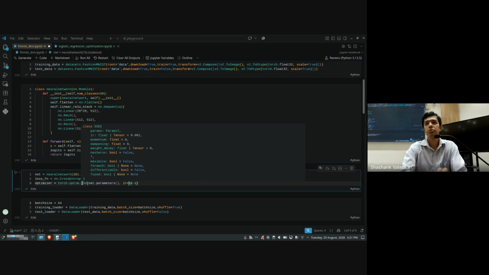We'll see what some of these parameters are in this class and the next, for example, what momentum means. And Nesterov is a word that you've already seen previously when I talked about accelerated gradient descent. Nesterov essentially says that you want to do accelerated gradient descent. It's by default set to false, which means that you do vanilla stochastic gradient descent.